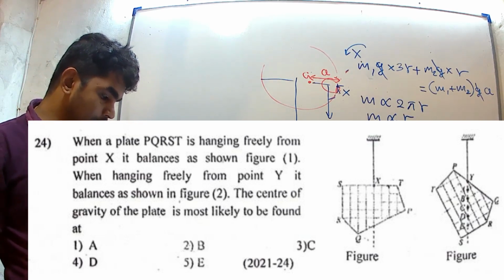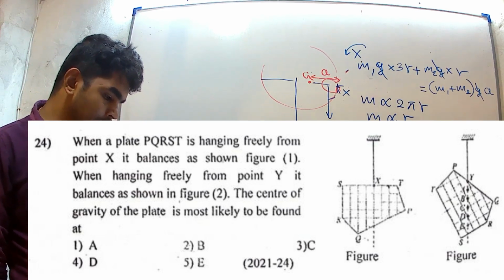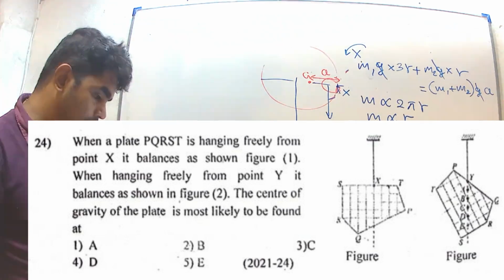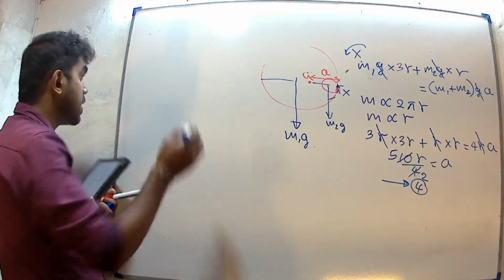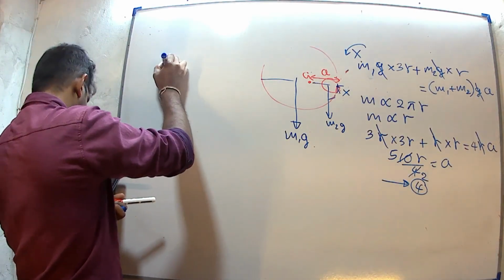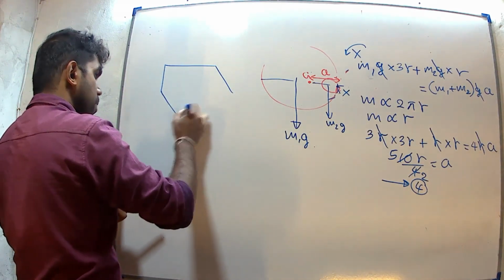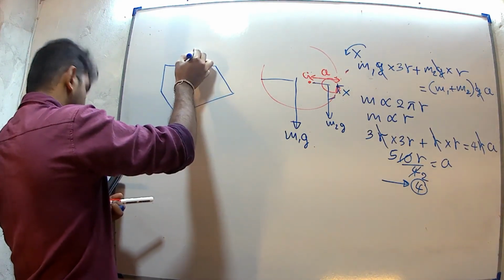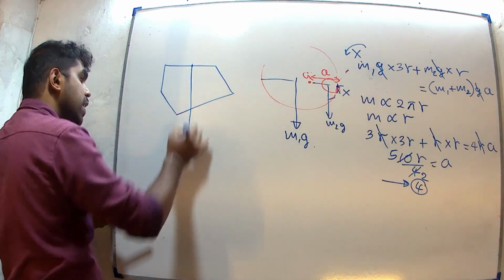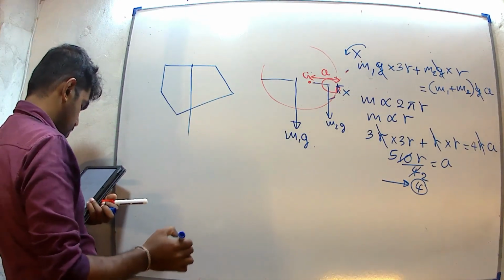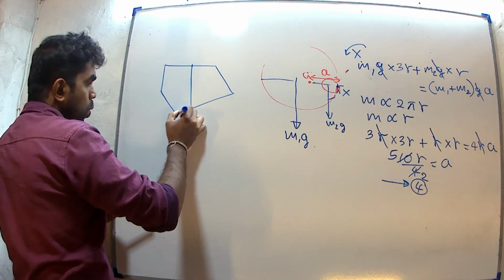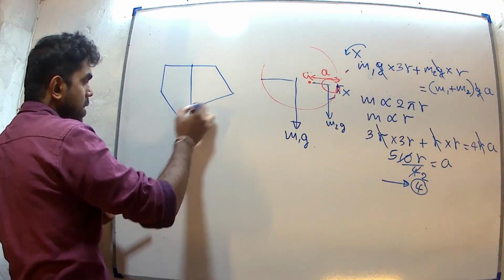The center of gravity of the plate is most likely to be found at. We can consider the first situation. This one is the vertical line. There are two small squares from this edge.